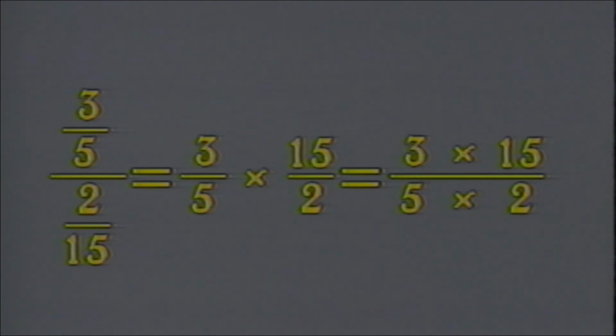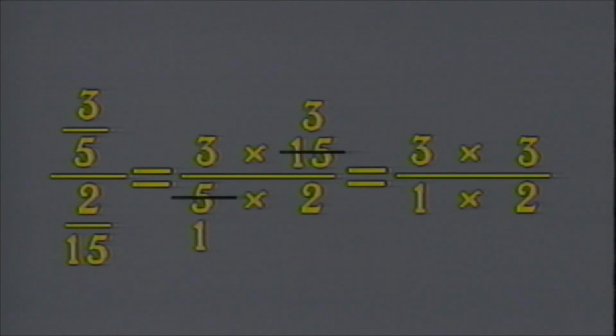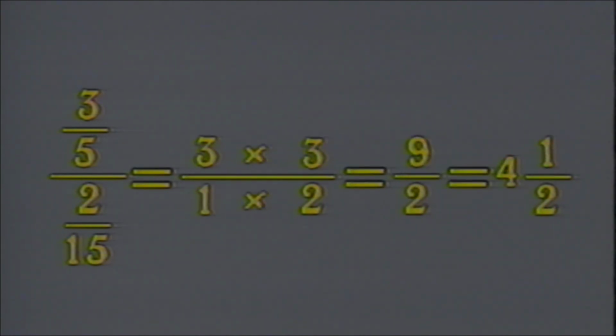Divide numerator and denominator by 5, giving us 3 times 3 over 1 times 2, which is 9/2, and that equals 4 1/2. That's the answer.